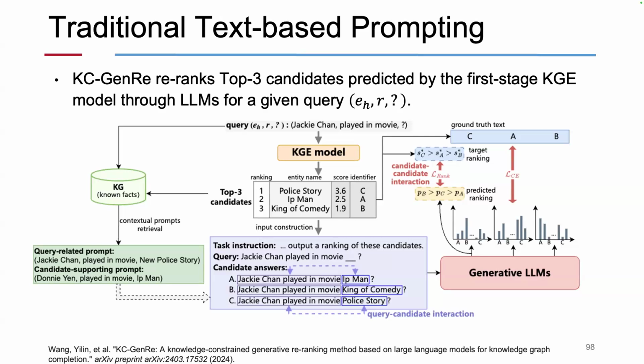Pretty similar to what we did in the past, the two-step process for knowledge graph integration, right? The only difference is the task is different, and in the first step, they use knowledge graph embedding methods to do the candidate selection.